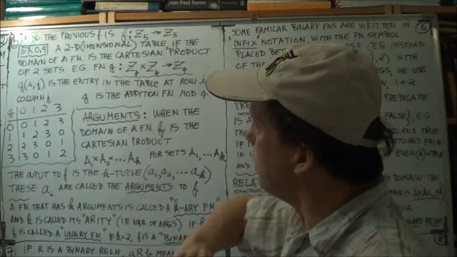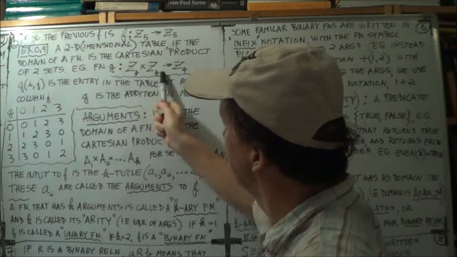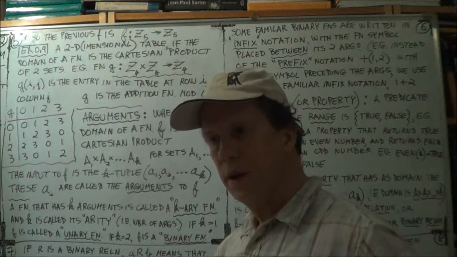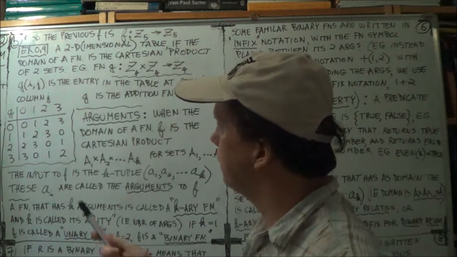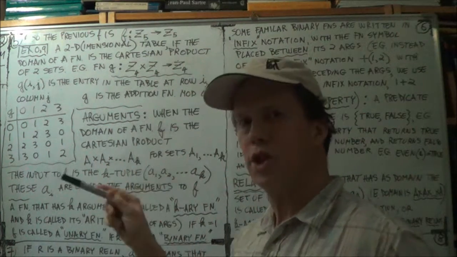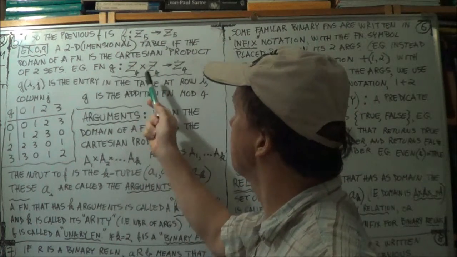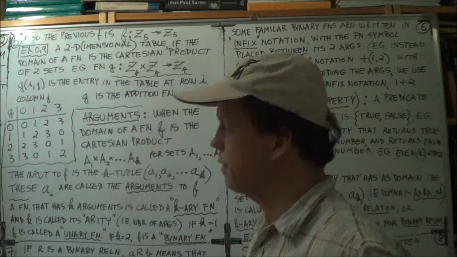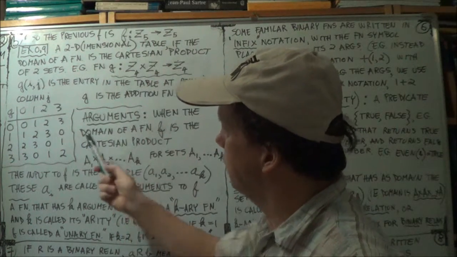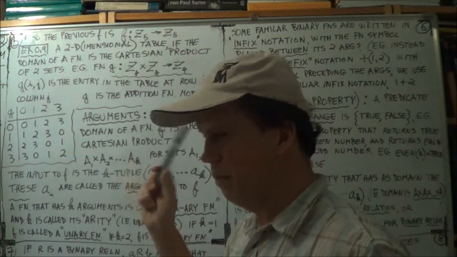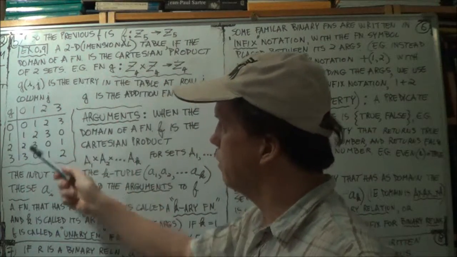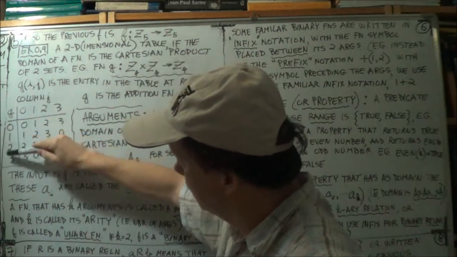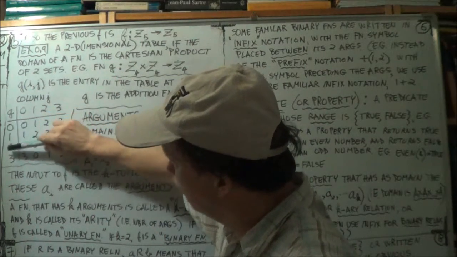Now, the members of this set, your possible inputs, will be able to form (i, j), let's say. And i belongs to Z4, and so does j, two integers. To look up the output value, you consult this table, and these are the row numbers.